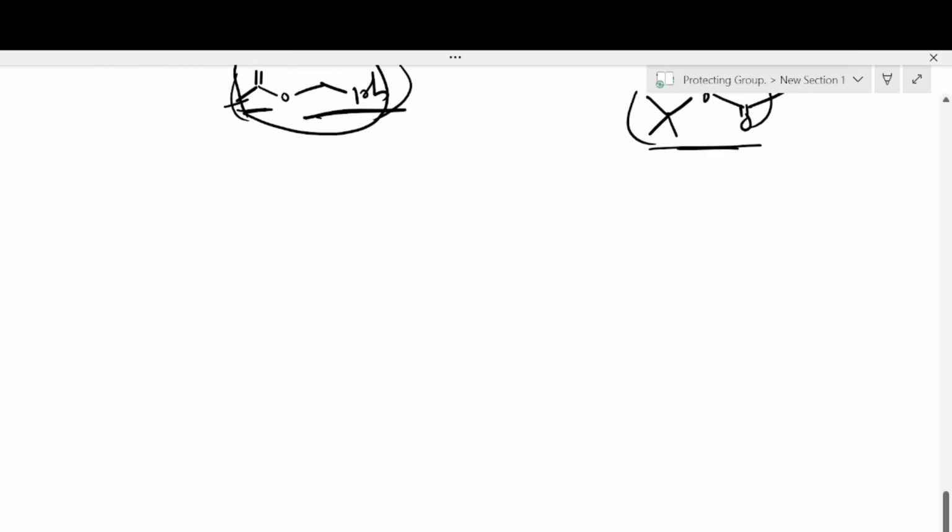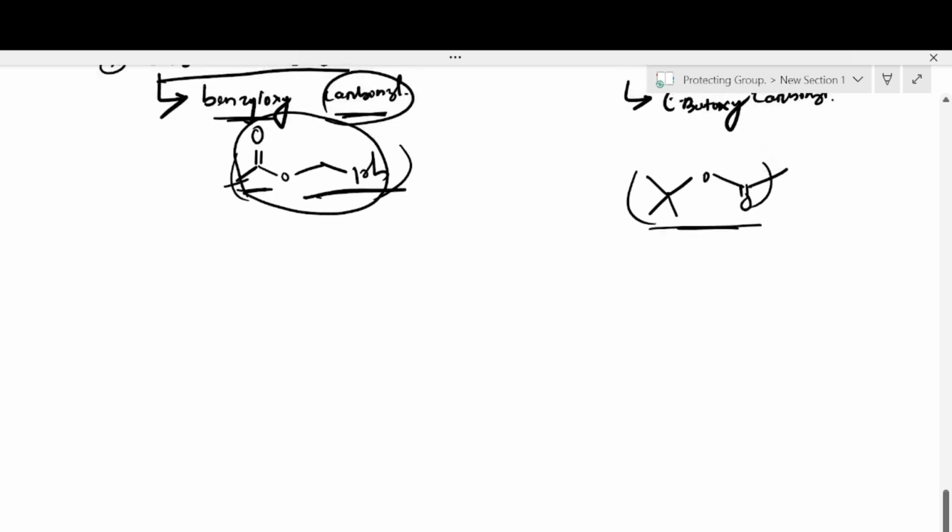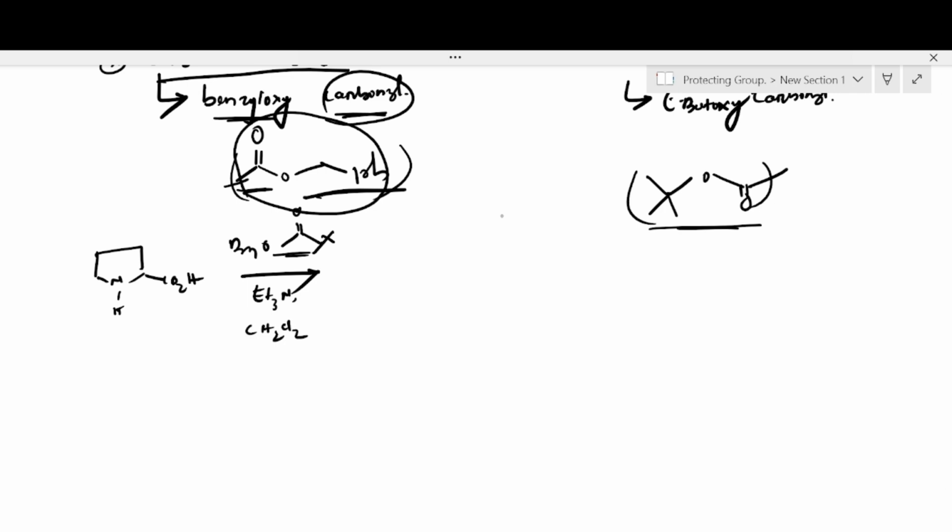So how can we form that protection of amine? Let's take an example. We need to add the halide form of CBZ, then one base, triethylamine, and the solvent is trichloromethane.